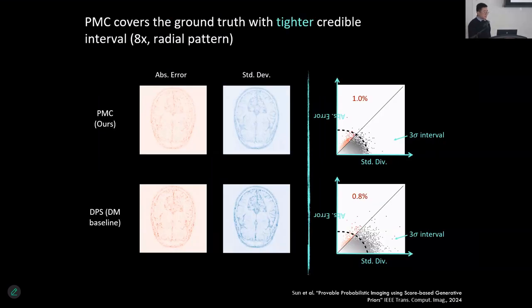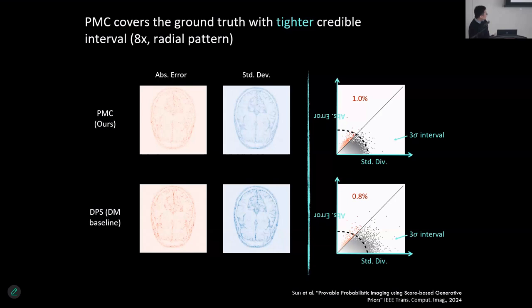Both approaches are sampling approaches, so we are able to do some statistical analysis. Here we plot the credible interval for each pixel in this image. The leftmost is the absolute error between the mean and the ground truth, and this is the standard deviation calculated from the samples.